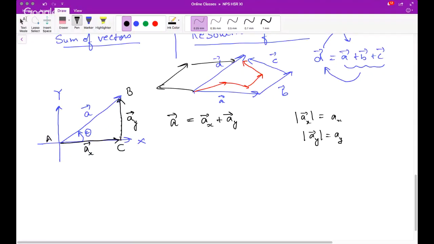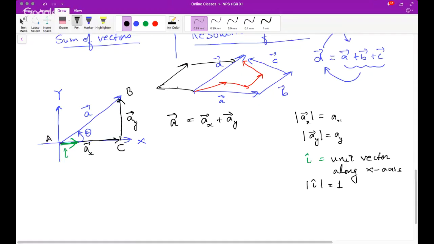Now let us imagine that there is a unit vector along the x-axis. Let this unit vector be called I cap, the unit vector along the x-axis. So the magnitude of I is clearly 1.